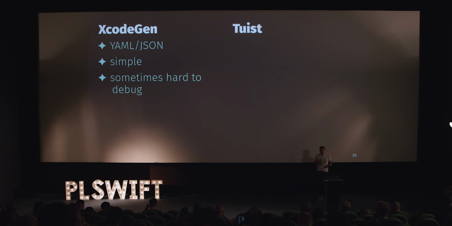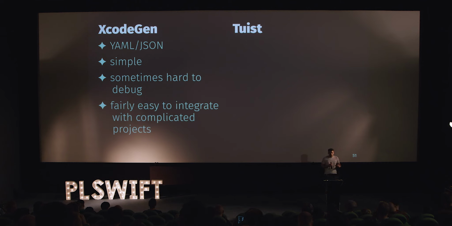That's not a very frequent occurrence, but it might happen. However, due to its simplicity, it's fairly easy to integrate XcodeGen with complicated setups. As I mentioned, our setup for UI tests was our deal breaker.